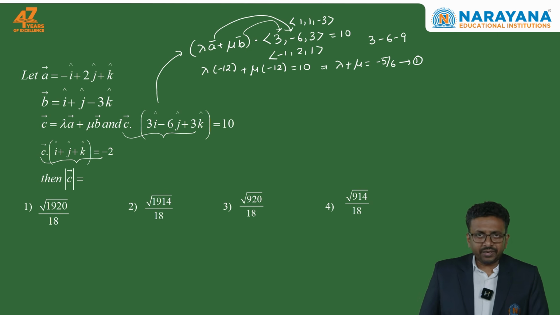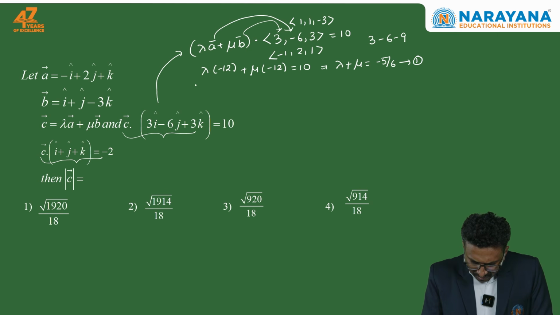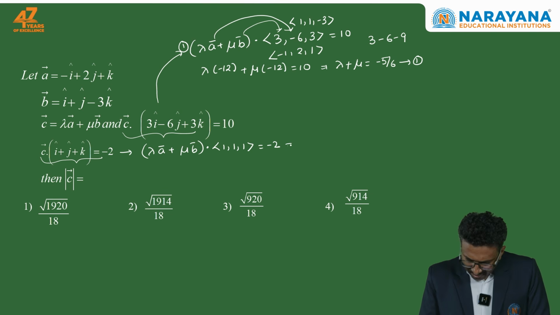So similarly, go for the second equation. The second equation: lambda A bar plus mu B bar dot 1, 1, 1 is equal to minus 2. So lambda times A bar dot 1, 1, 1, where A bar is minus 1, 2, 1, so minus 1 plus 2.